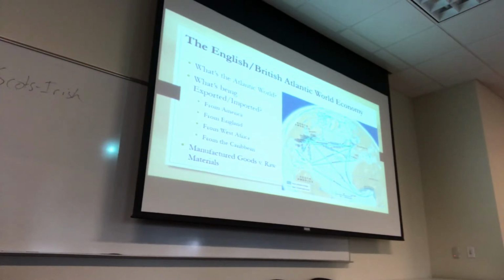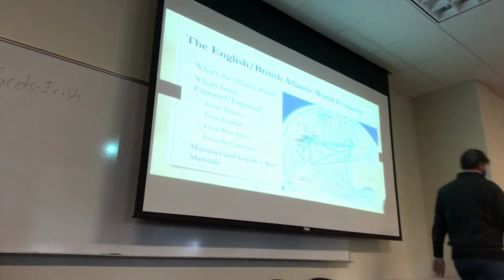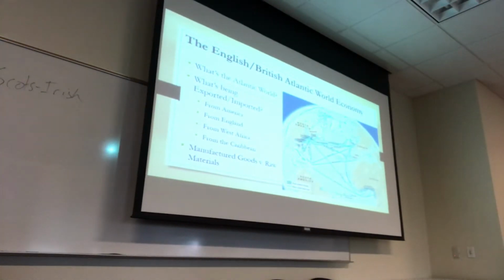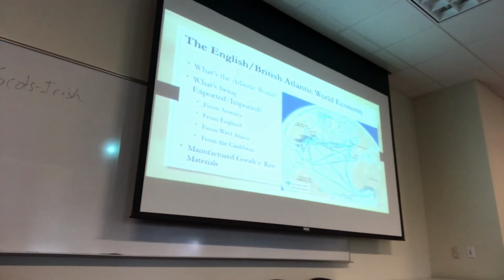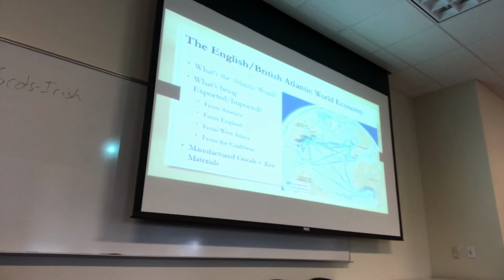But first, let us try to understand what is this Atlantic world. So the Atlantic world would include, of course, the Atlantic Ocean, but also all of the areas on its periphery. So that would include, of course, the 13 North American colonies.